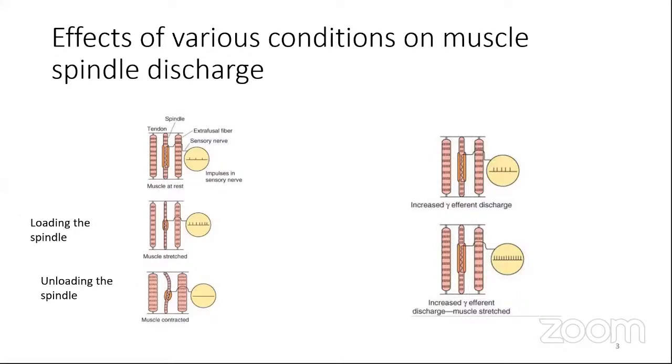So the tendons are seen at the top portion of the muscle spindle and extrafusal fibers. In the first diagram, the muscle is at rest.